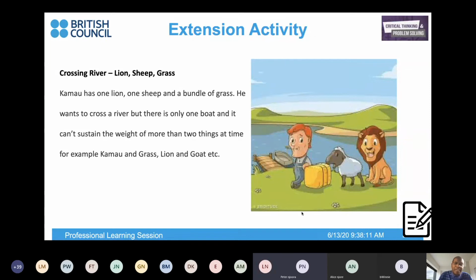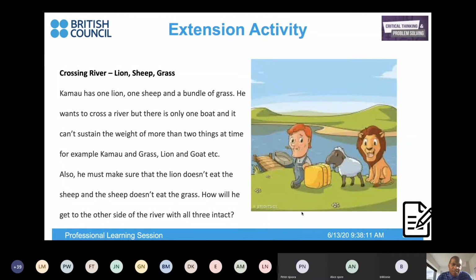For example, it can only carry either Kamau and the grass, or the lion and the goat, any two things at a time. The question also is, he must make sure that the lion does not eat the sheep and the sheep does not eat the grass. So how will he get to the other side of the river with all the three intact?